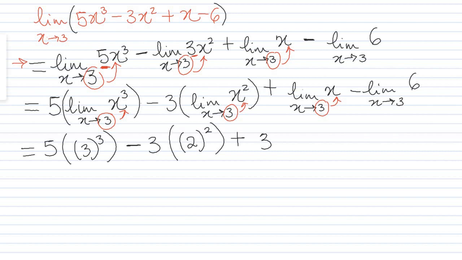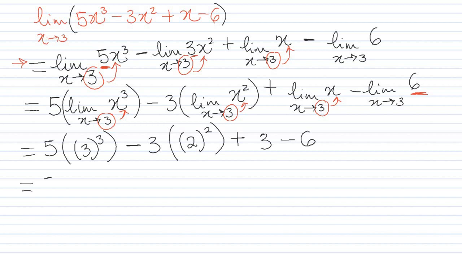And then we have the same constant situation right here. We're supposed to take the limit of a function, and the function in this case is a constant. So the constant is the answer to the limit of the constant as x goes to a particular value. So we're just going to put down 6 right here.